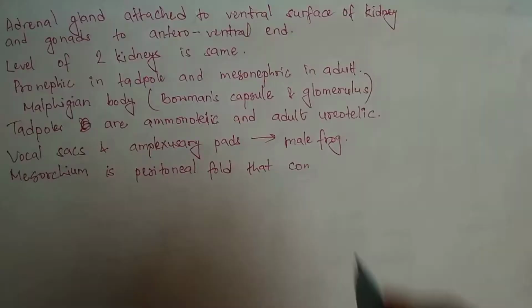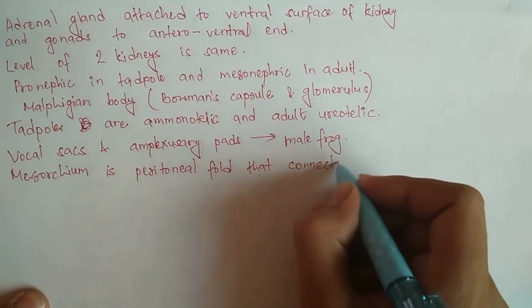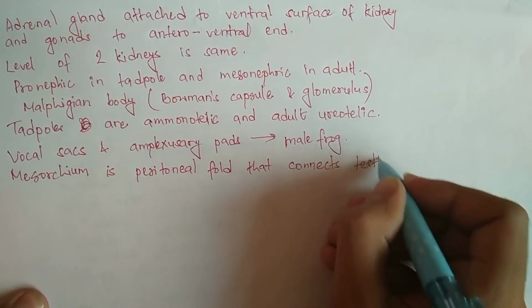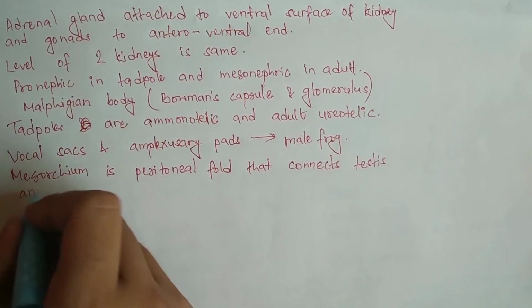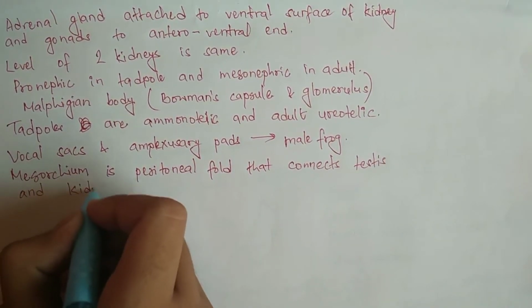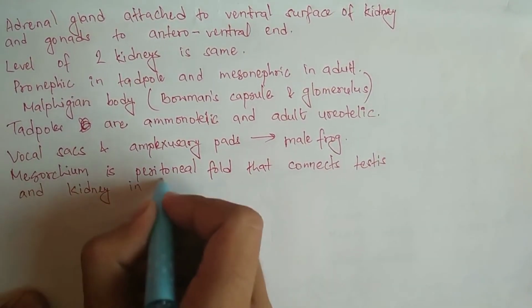Mesorchium is the peritoneal fold that connects the testis and kidney in frog.